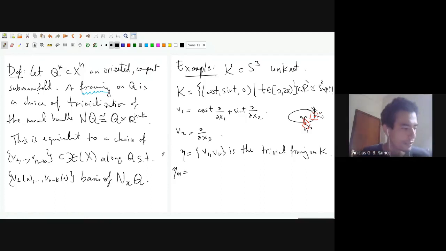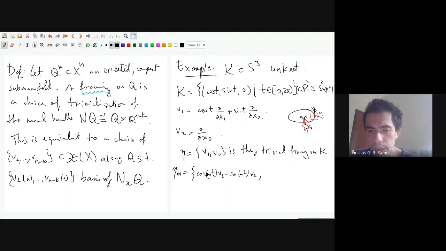So you can write, for example, cosine of mt times V1 minus sine of mt times V2, and then sine of mt times V1 plus cosine of mt times V2.